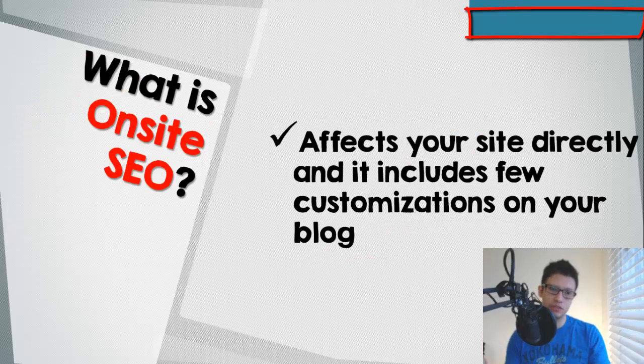So what is on-site SEO? Search engines need to be able to read the information that you have, so you have to make some customizations to the code itself. I don't want to be technical here, but basically there's a piece of code in the back of your website.